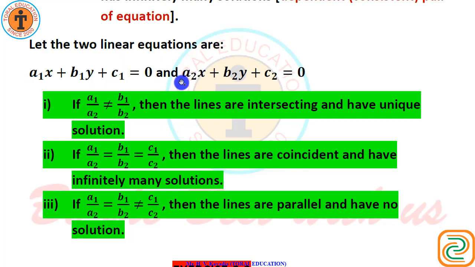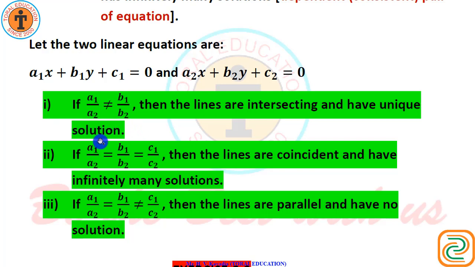If a1 upon a2 is not equal to b1 upon b2, then the lines are intersecting and have a unique solution. Remember these green formulas, that is, the formulas given in the green background.